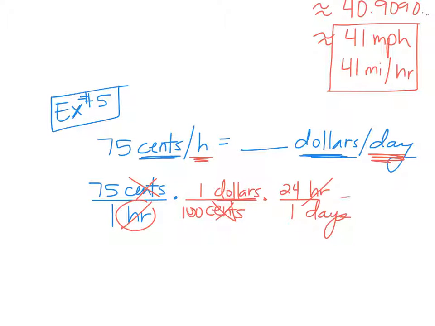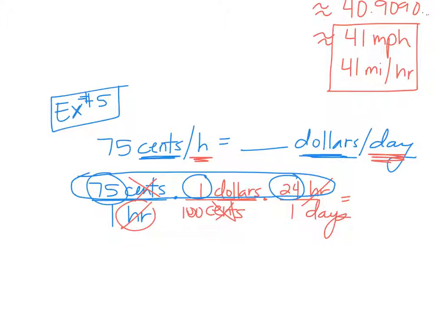So if that's my setup, now what we're going to do is we're going to multiply across. So we're going to take our whole top row and multiply. So 75 times 1 times 24. So if you type in 75 times 24, you get 1,800. Okay, and then on bottom, 1 times 100 times 1 is just 100.